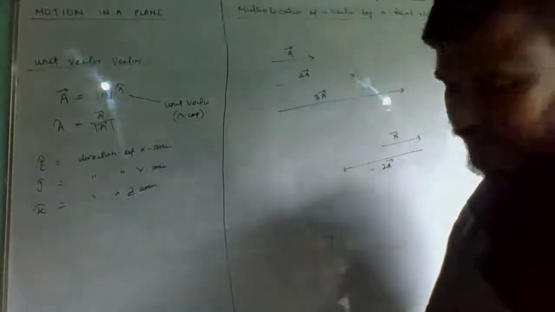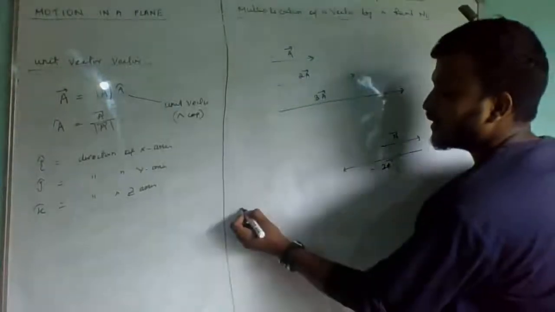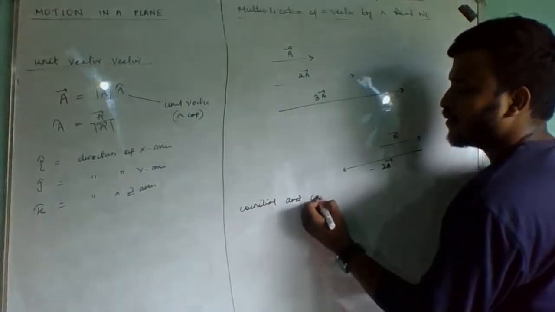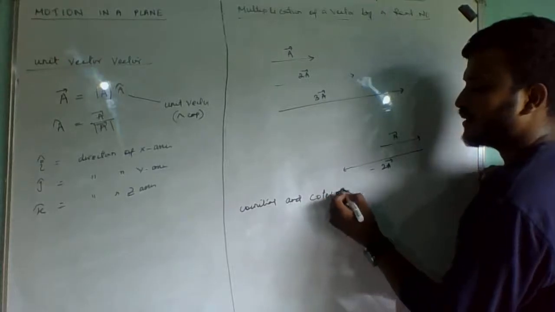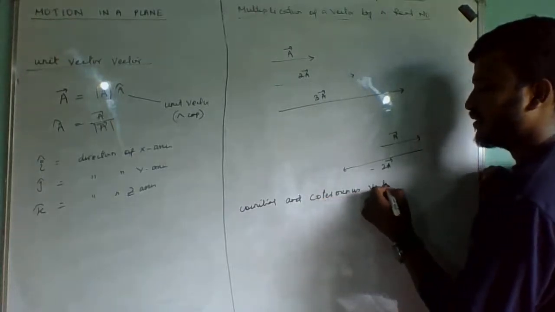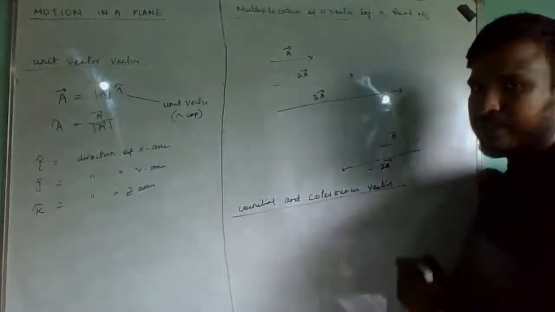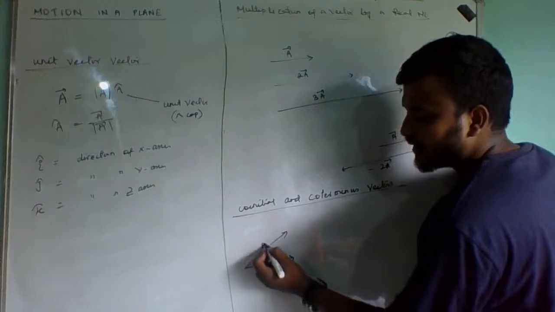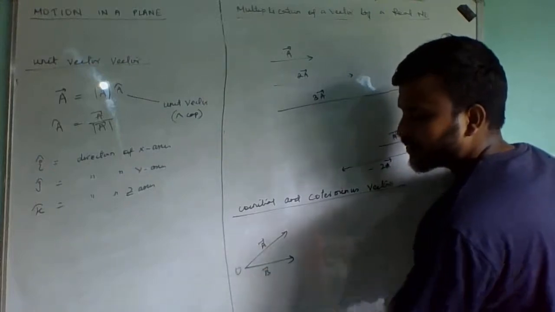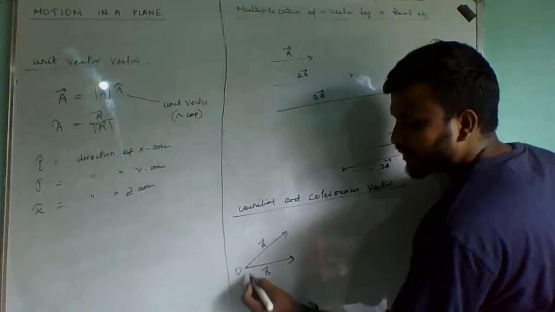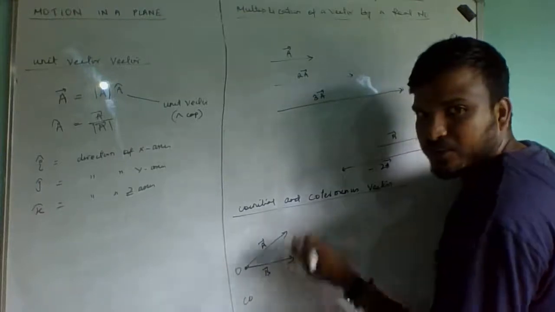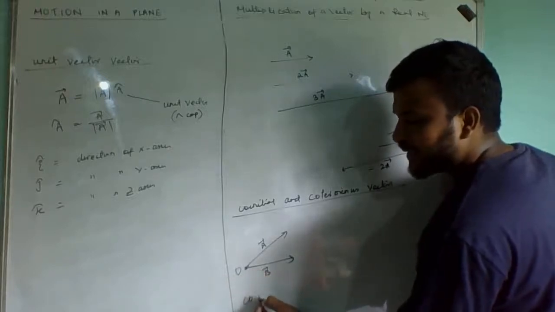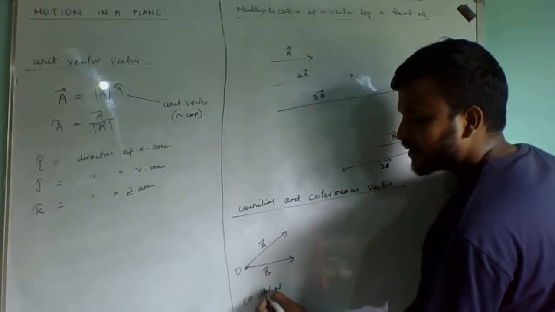Next is co-initial and coterminous vectors. What is the meaning of co-initial vectors? If two vectors start from the same point, the starting point is this, and vector A and vector B originate from this point O. That is why they are called co-initial: co means same, initial means starting point.